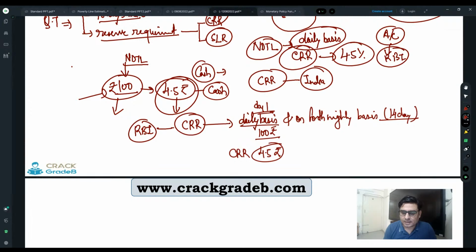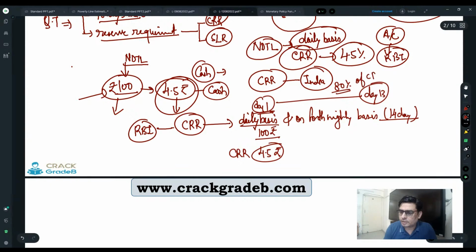So RBI said that from day 1 to day 13, you can maintain 80% of the CRR requirements. From the first day to the 13th day, you can maintain only 80%, for example, of CRR. But on the 14th day, you have to maintain 100% of CRR.